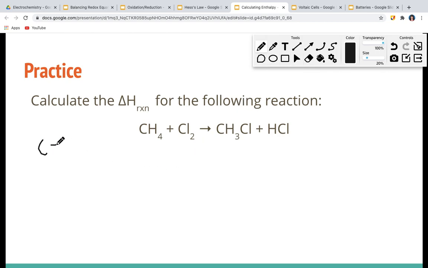So we have methane. We have chlorine, and as you remember, halogens only are going to make 1 bond.